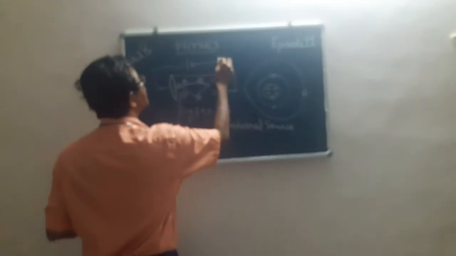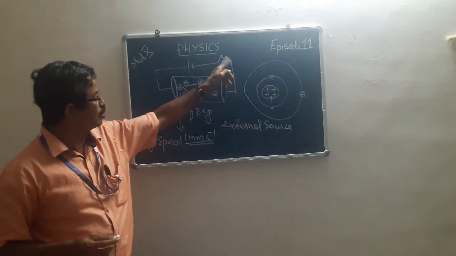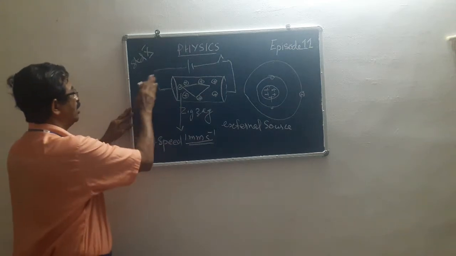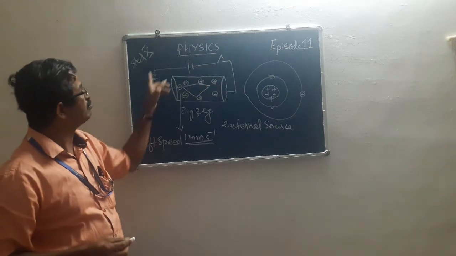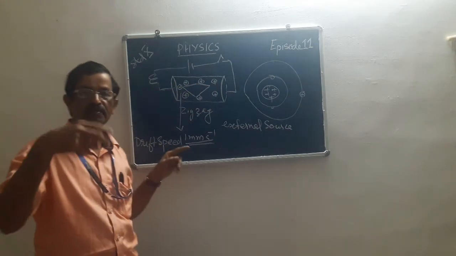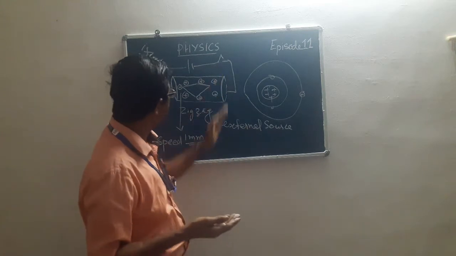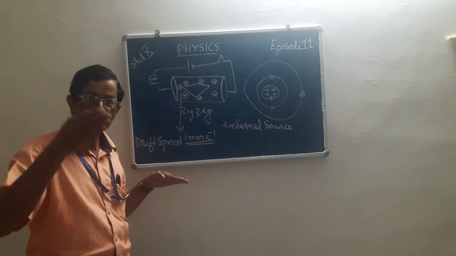Suppose we switch on a bulb in the circuit here. How long will it take for an electron to reach from here to here? It would take a very long time if the drift speed is very small.